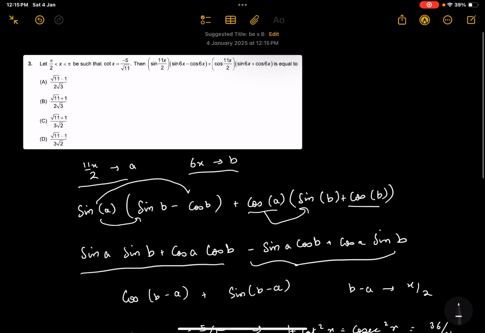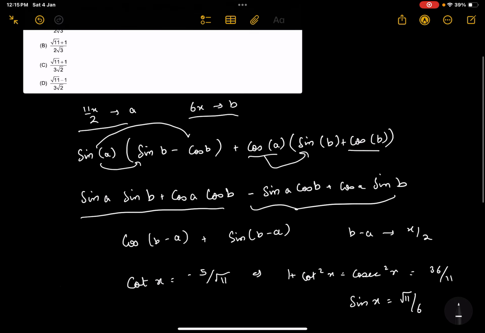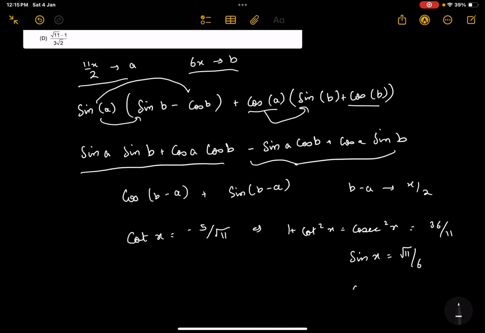And sin x is indeed positive. We take the positive sign because x is between pi by 2 and pi. So cos x will be negative 5 by 6.